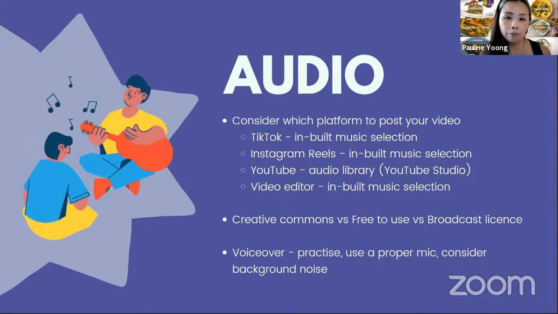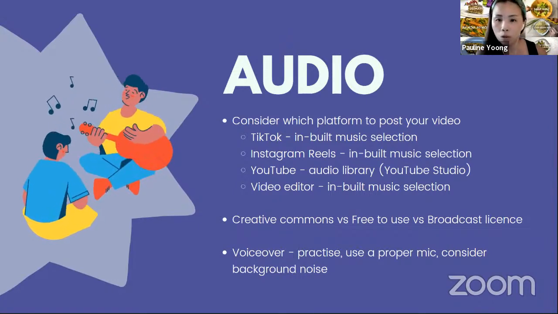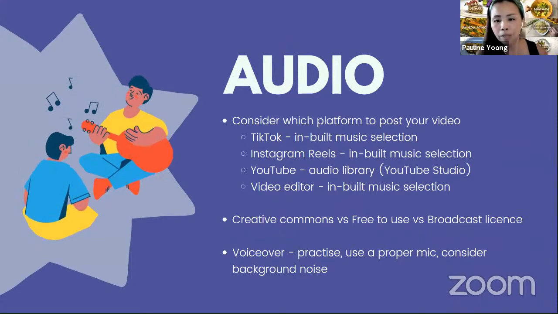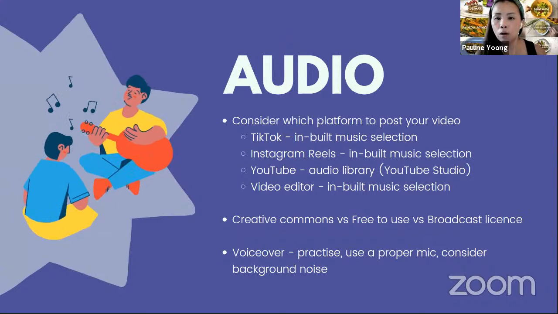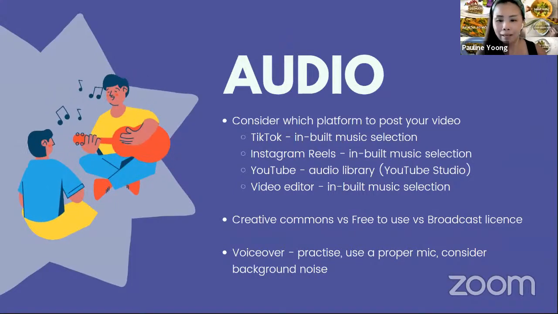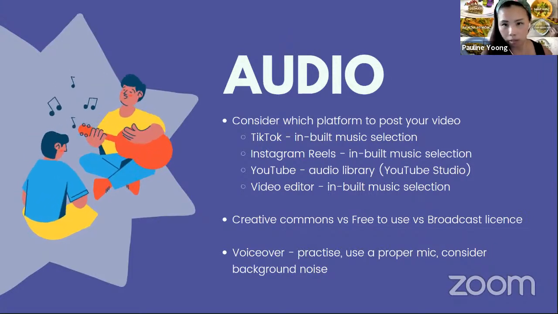For YouTube, if you look under YouTube Studio, there is an audio library that you can use, and it consists of audio that is termed as Creative Commons, or it requires some free attribution, right? So I tend to use a lot of YouTube audio that they offer there, and they have different genres. They have pop, funky, cinematic, calm, all kinds of different genres, and all kinds of different durations.